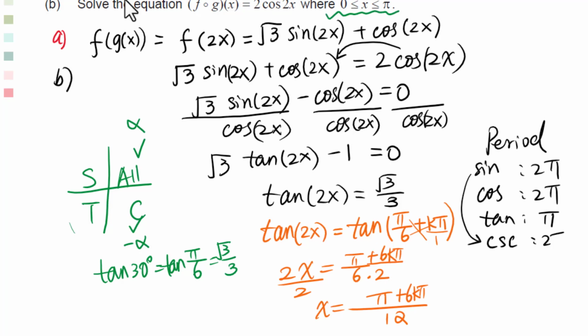Domain is x greater than or equal to 0, less than or equal to pi. k equals 0, x1 equals pi over 12. k equals 1, x2 equals 7 pi over 12. If k equals 2, it's greater than pi. So we have two solutions to this equation.